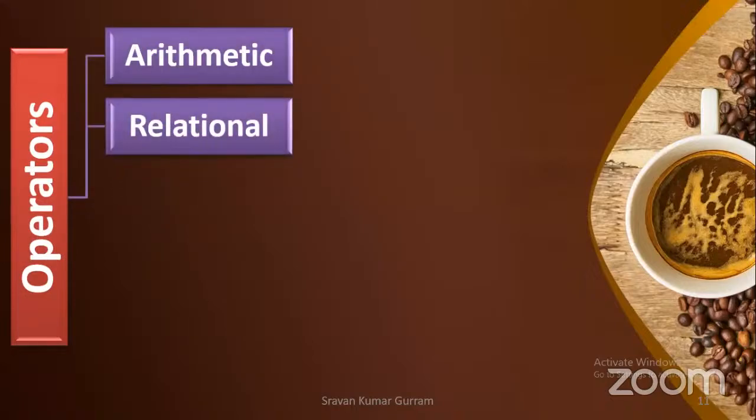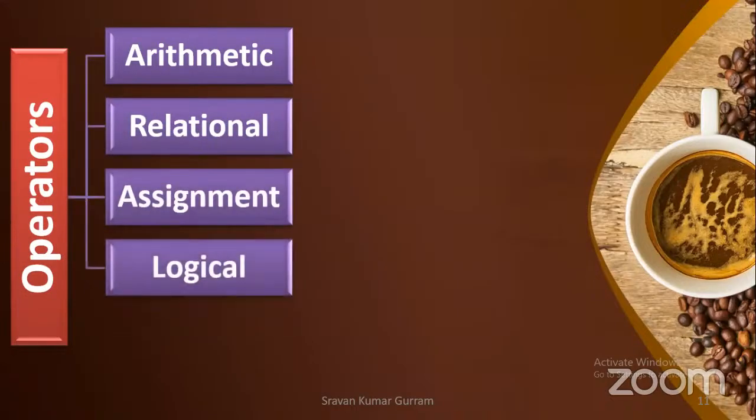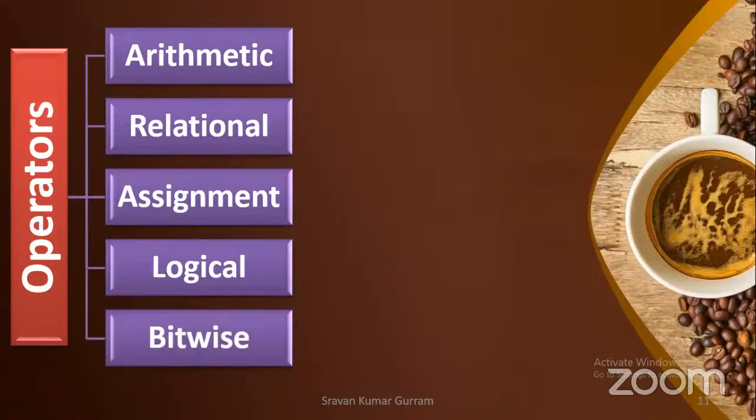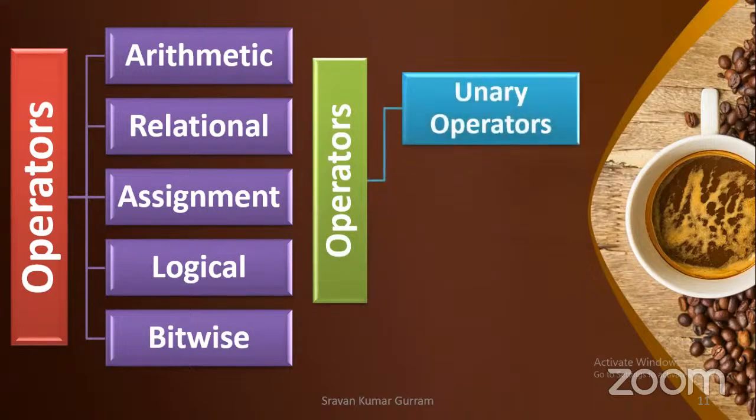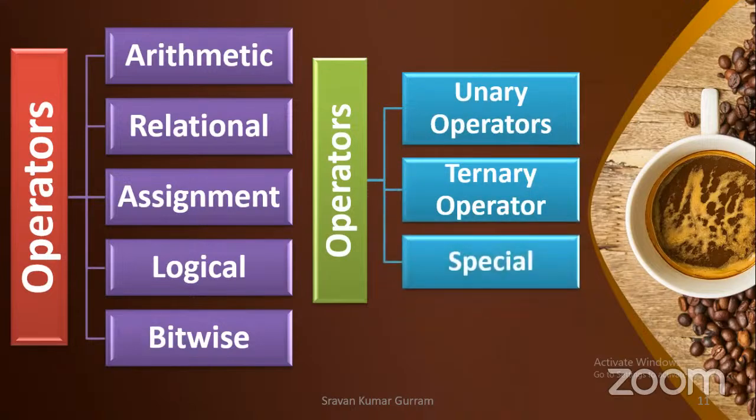Okay, this is the complete picture about the operators in Java: arithmetic operators, relational operators, assignment operators, logical operators, bitwise operators. Apart from these, we have some categories: unary operator, ternary operator, and some special operators. Again, we have some unary operators like increment and decrement operators.